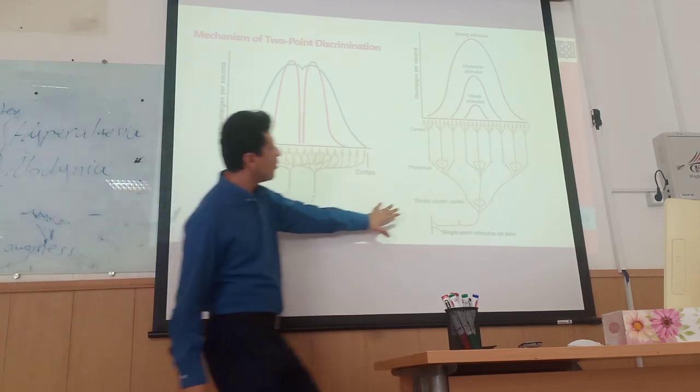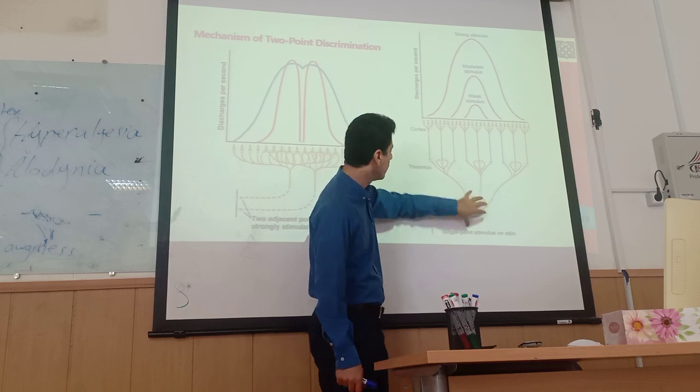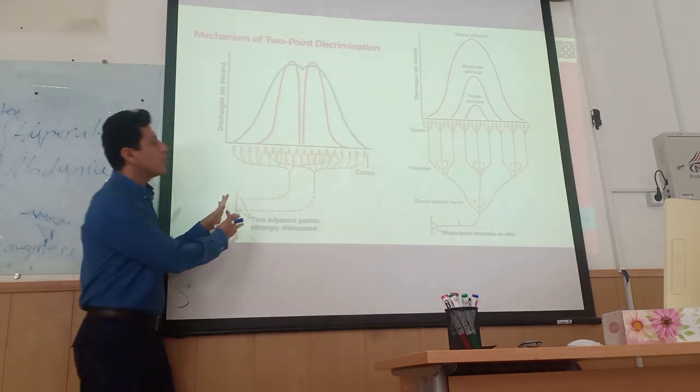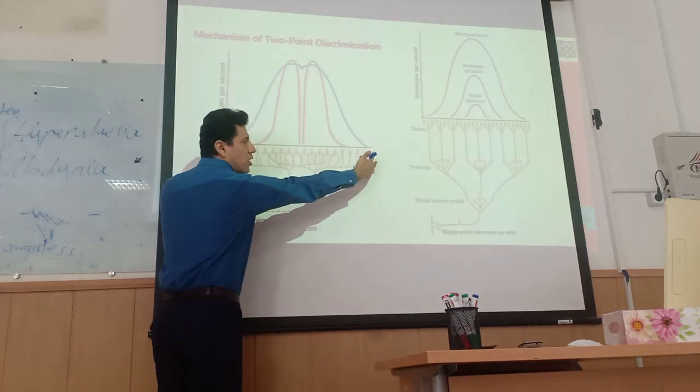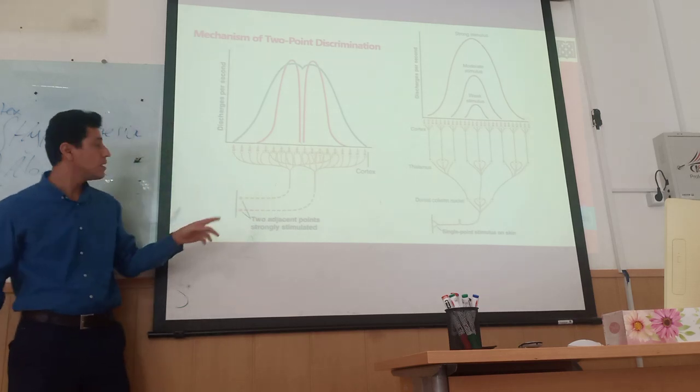Okay, we ignore the middle part of this tract. We ignore the dorsal column and thalamus, and we know that divergence causes a huge number of neurons in the cortex to become active, right?